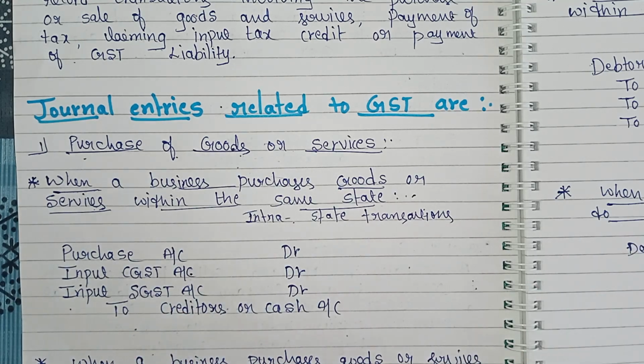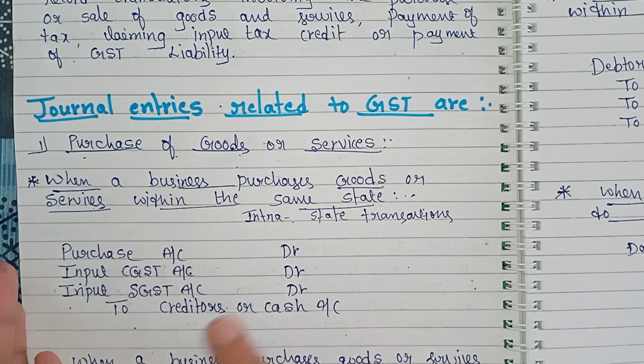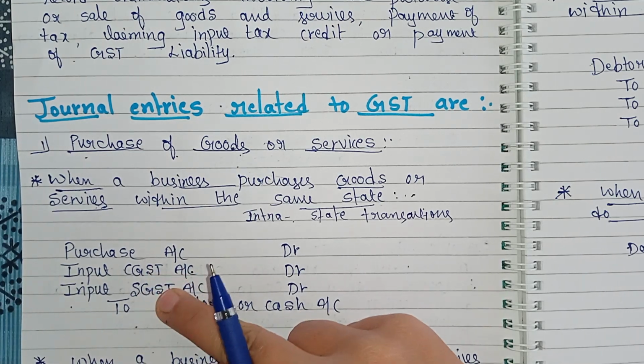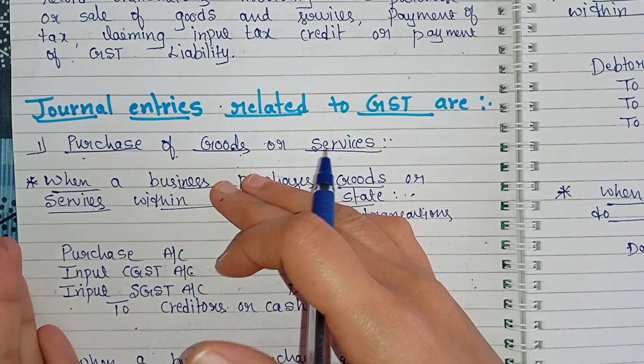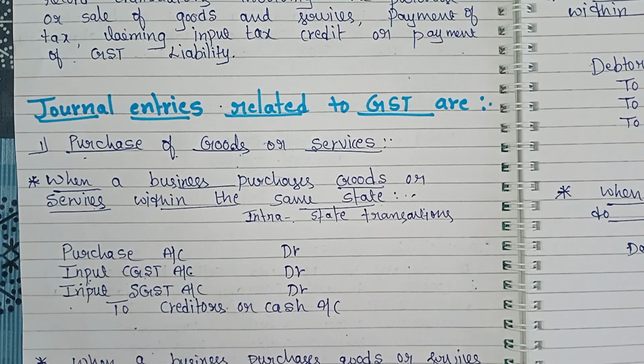Same. It is a ledger that is used to record the state goods and service tax that is paid on purchase. So CGST and SGST we need to record when tax is paid on purchase.